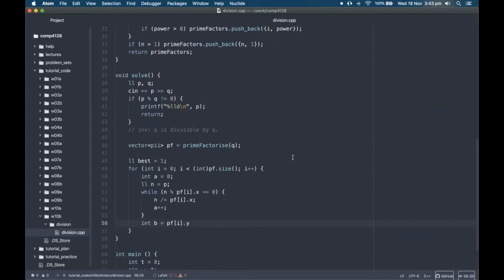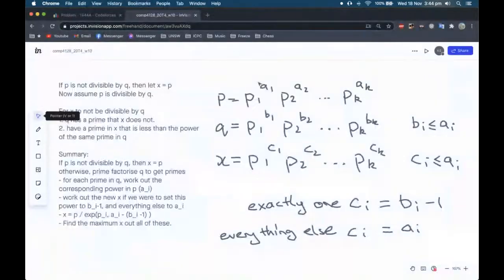And so let's calculate what we need to divide p by to get x. So we'll call it factor, and we'll make it exponential. Exponential, we'll get the current prime to the power of a minus bi minus 1. Right, the distance between the original power and the power that we're going to set it to.